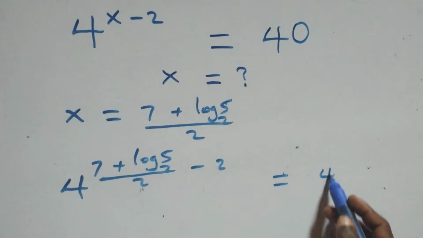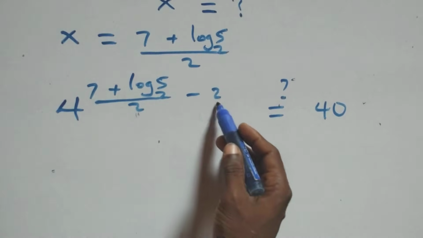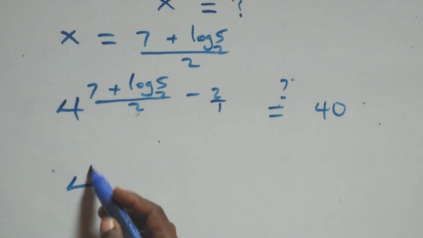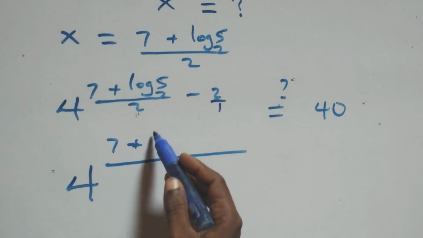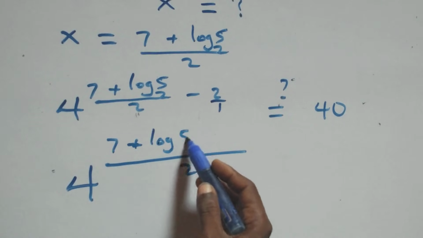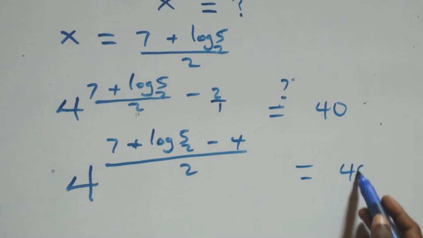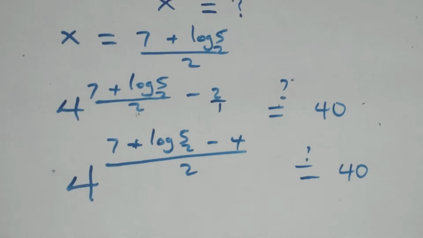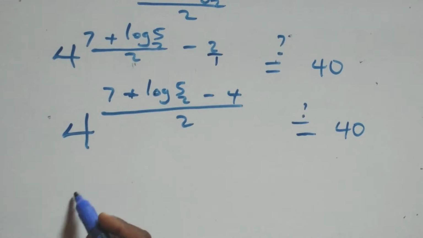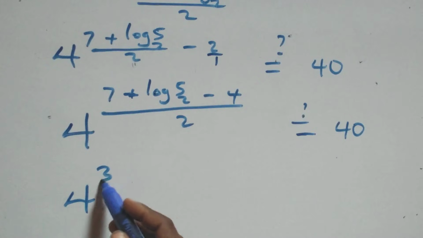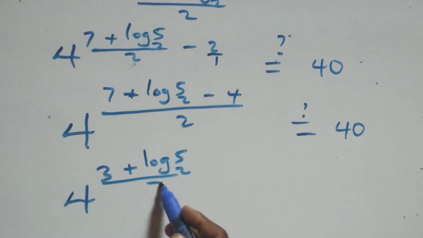Is it equal to 40 on this side? Here we can bring this part together as one. This 2 over 1, that is, we have 4 raised to power, the LCM here is 2, and this becomes 7 plus log 5 base 2 minus 4 here. Is it equal to 40 on this side? Then here we have 7 minus 4, that's 3. 4 raised to power 3 plus log 5 base 2 over 2.